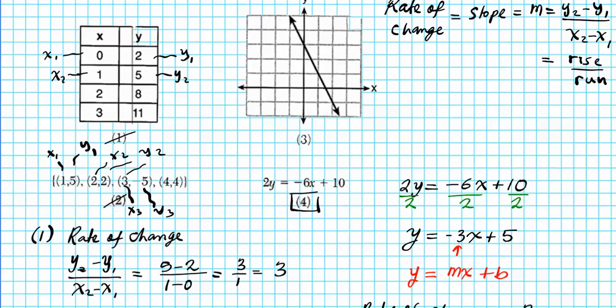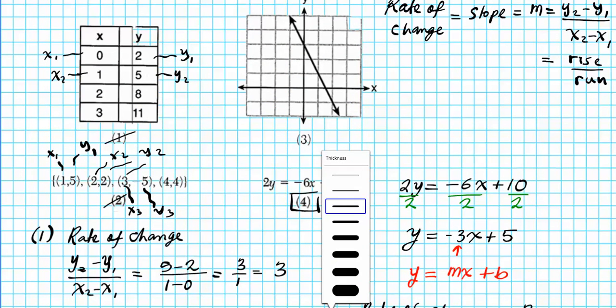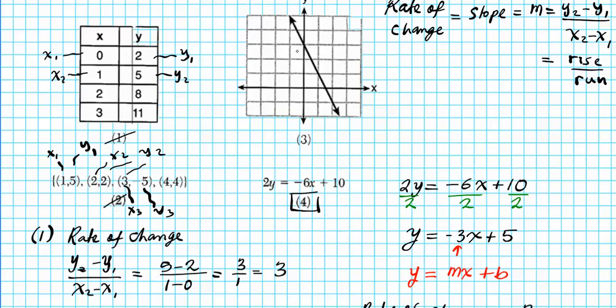So let's do it. We have a rise of -1, 2, 3, 4. A rise of -4, and so we have a rise of -4 and a run of +2. Okay, so you always want to pay attention to the sign when determining your rise. -4/2.